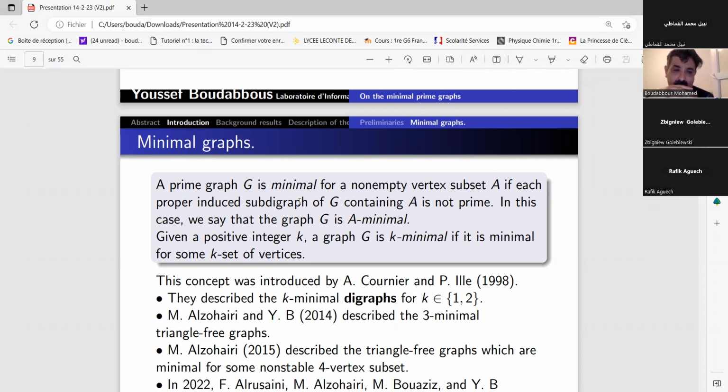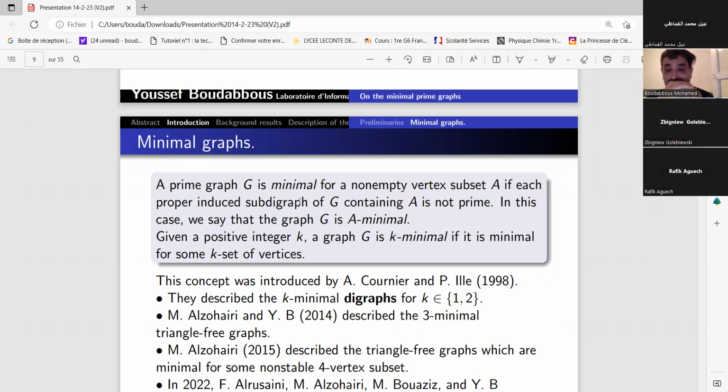Then, with Al-Zuhairi, we described the three-minimal triangle-free graphs. The problem of three-minimal was very difficult. I have a student with Pierre Ille in Tunisia. I suggested that we try to study the three-minimality of graphs, to describe the three-minimal graphs.